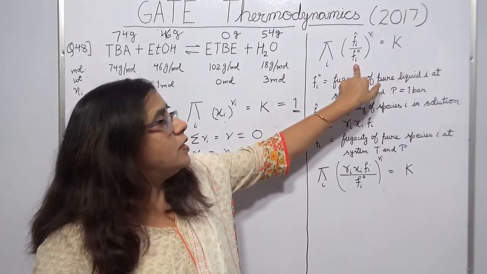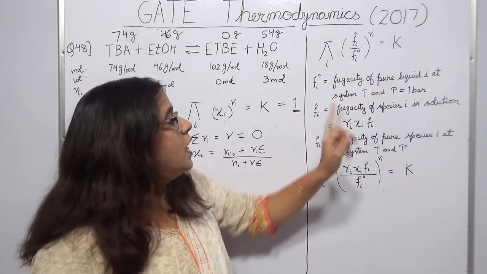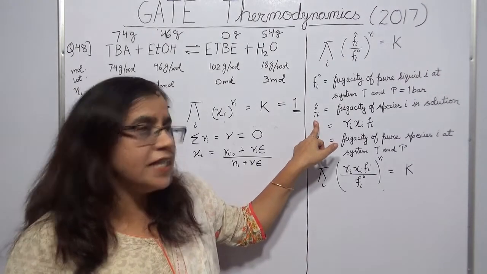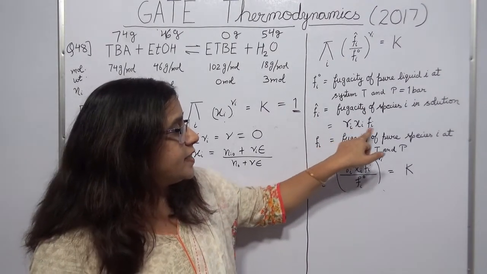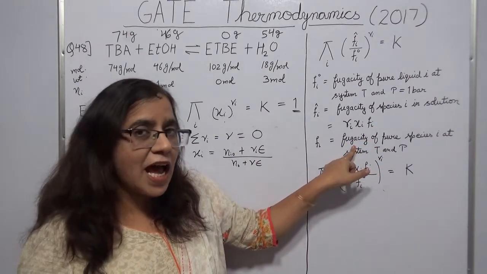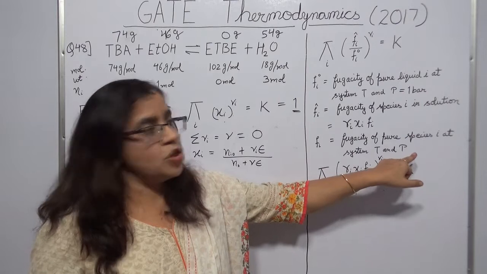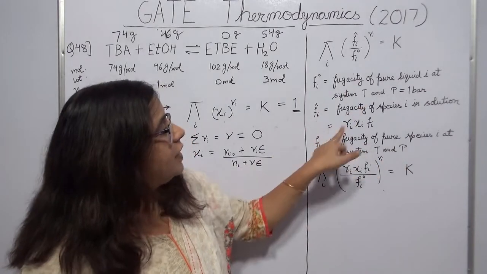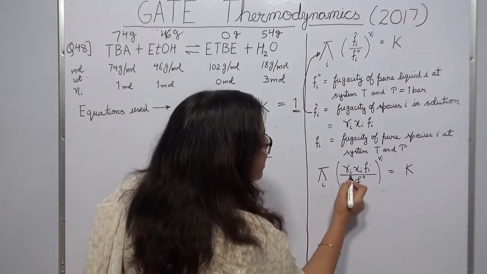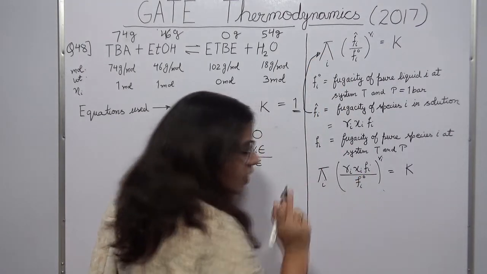That is the fugacity in the standard state. Now we can write the fugacity of species i in solution as gamma i xi Fi, where Fi is nothing but the fugacity of pure species i at the system temperature and pressure.